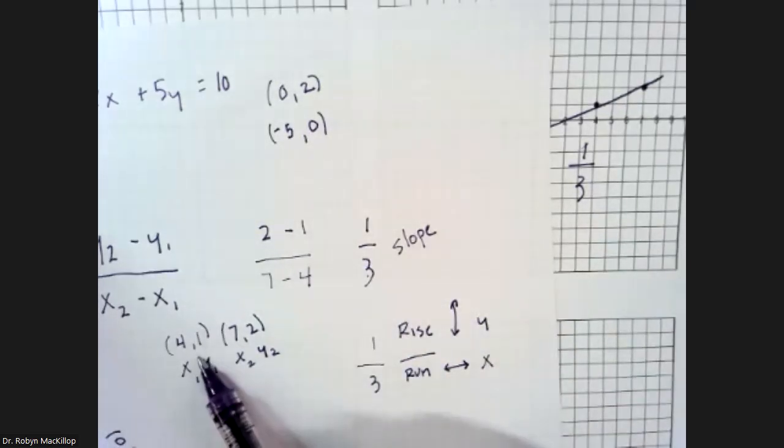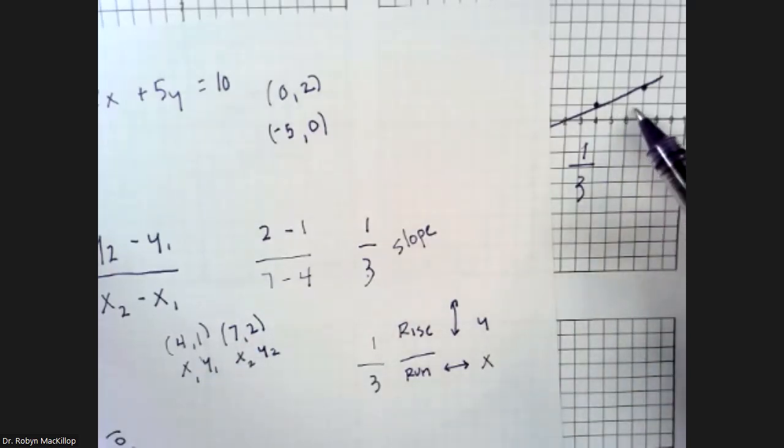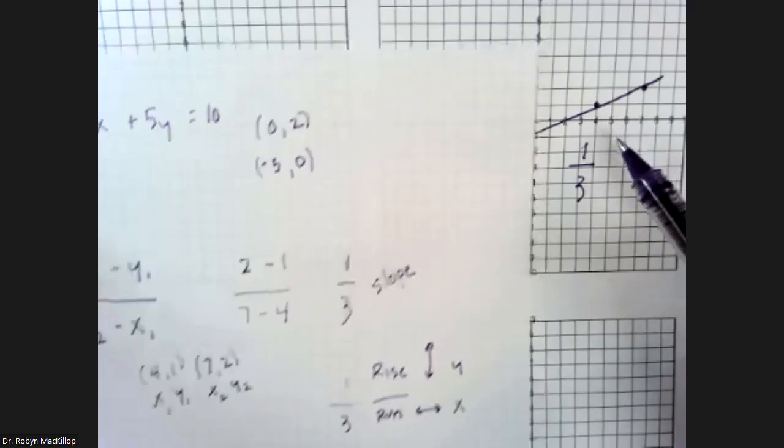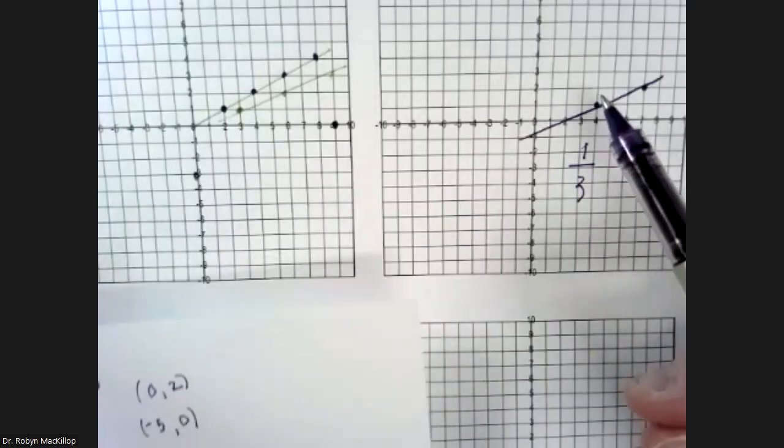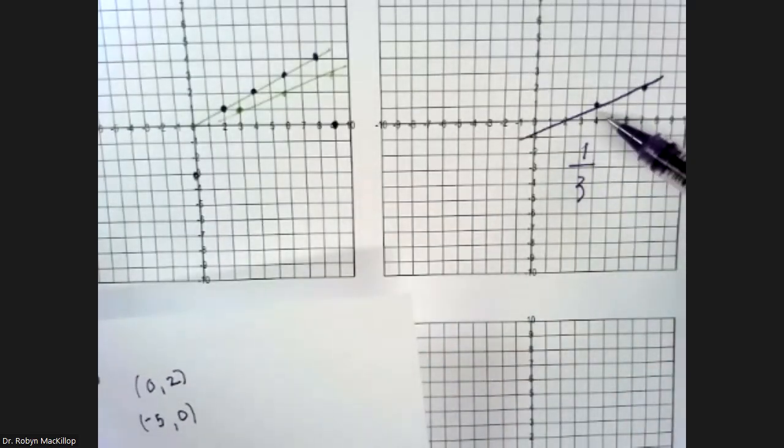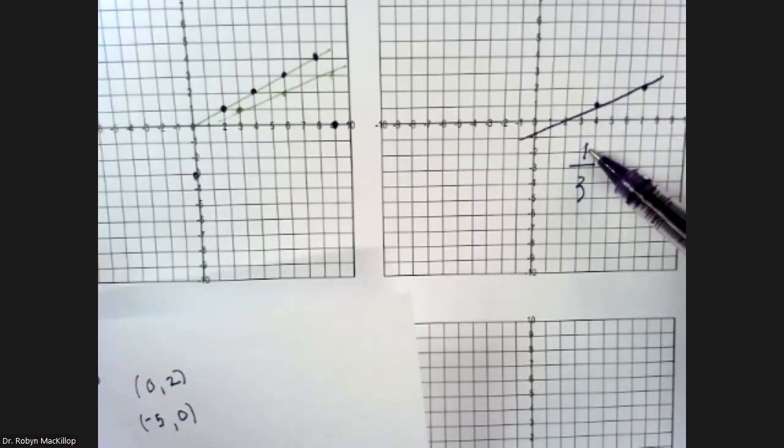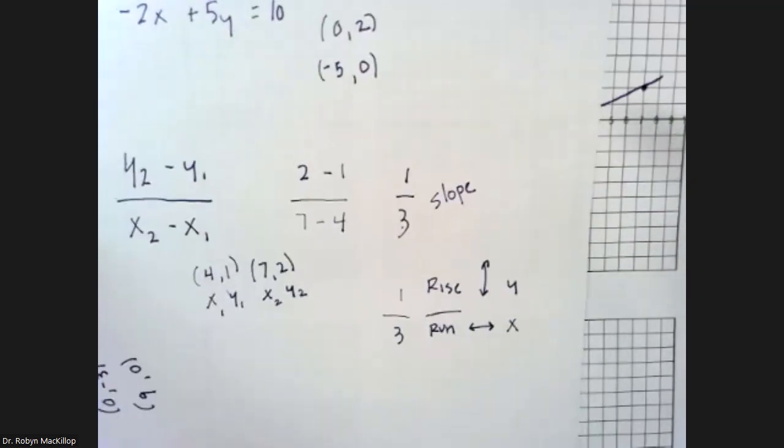Then, just to check myself, I plotted these two ordered pair on the graph. These are them. I drew my line, not very well. And then I counted the boxes up and down, that's the rise, and the boxes sideways between the two dots. Sideways is run. It was 1 up and down, 3 sideways. It's the exact same slope.